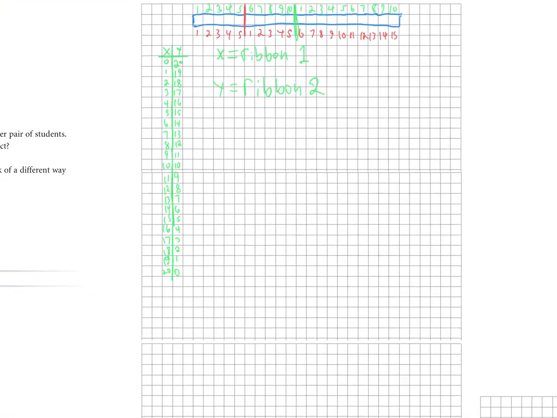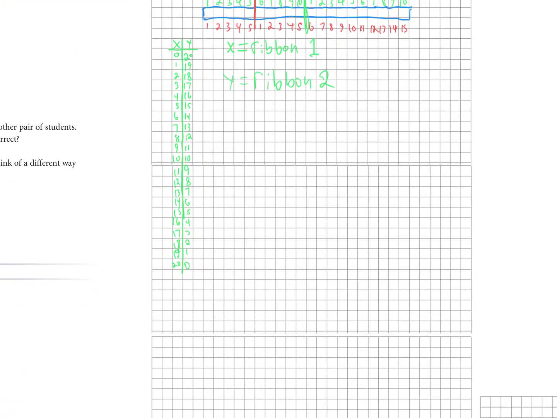So when I go to graph this table of values right here, I can go to draw my graph. So this would be 1, 2, 3, 4, 5, 6, 7, 8, 9, 10, 11, 12, 13, 14, 15, 16, 17, 18, 19, and 20.